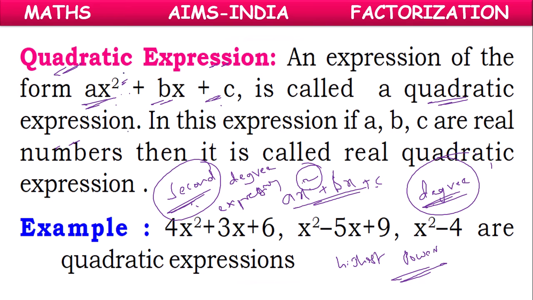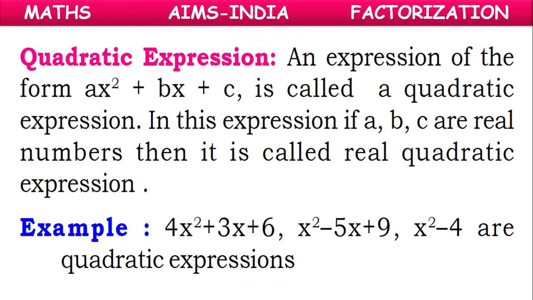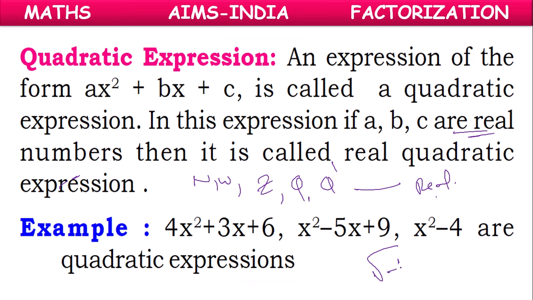In this expression, x is the variable, and the remaining a, b, c are all real numbers. Real numbers may be natural numbers, whole numbers, integers, rational numbers or irrational numbers. They should not be in the form of root of -1, which are considered imaginary numbers.